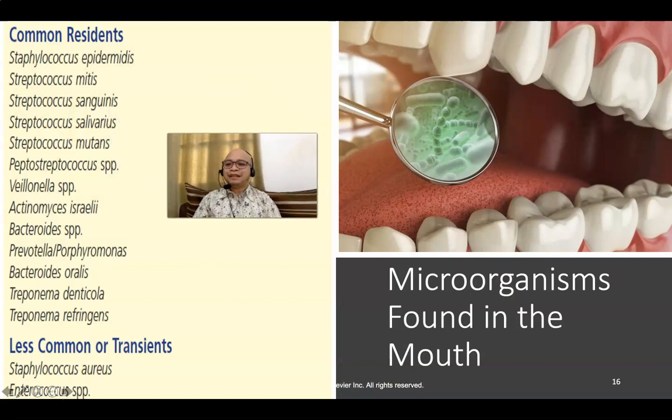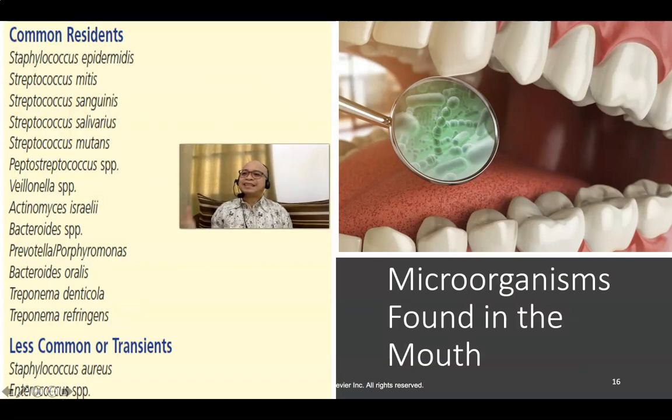Okay, so the most common are Staphylococcus epidermidis, Streptococcus mitis, Streptococcus sanguinis, Streptococcus salivarius, Streptococcus mutans, by the way, is the leading cause of dental caries. And then Peptostreptococcus, Veillonella species, Actinomyces, Bacteroides species, another example of anaerobic bacteria, Prevotella and Porphyromonas, Bacteroides oralis, Treponema denticola, Treponema refrigerans.